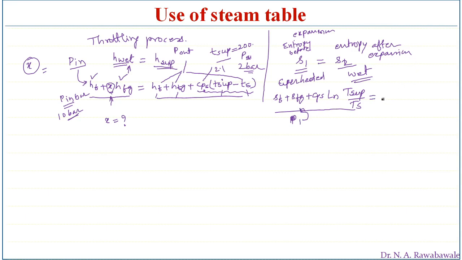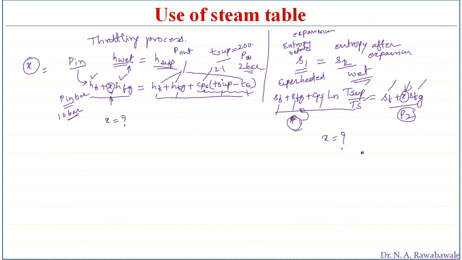To find out entropy of wet steam, the formula is sf plus x sfg. Here these properties are taken at pressure P2. So sf can be known, sfg can be known at pressure P2, only x is unknown. Substituting all known values sf, sfg, Cps, T sup, Ts corresponding to pressure P1, and sf, sfg corresponding to pressure P2, only x remains unknown, and in that case we get the dryness fraction.